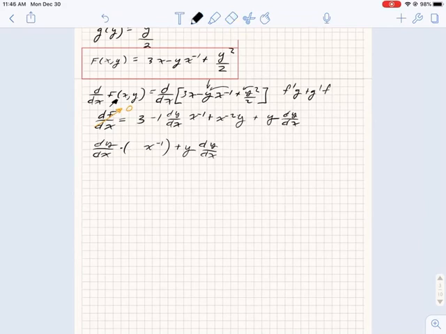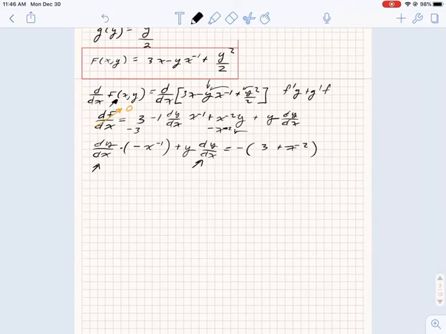So this negative 3 is not right there, this is just negative. And so we're going to subtract 3, and we're going to subtract x to the negative 2 y. And we're going to be left with a negative 3 plus x to the negative 2 y.